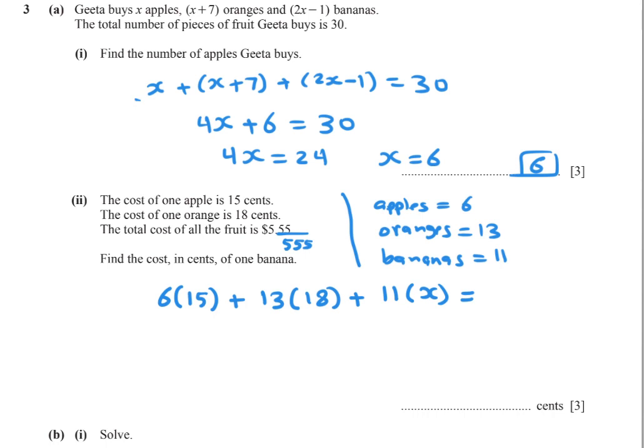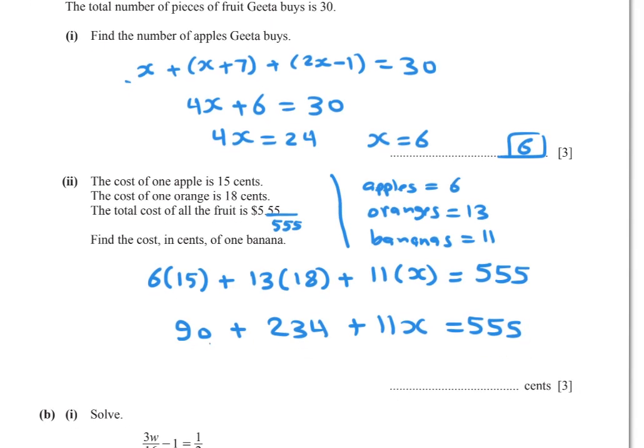And the total cost now in cents is 555. Now we can solve for x. 6 times 15 is 90. 13 times 18 equals 234. Plus 11x equals 555.